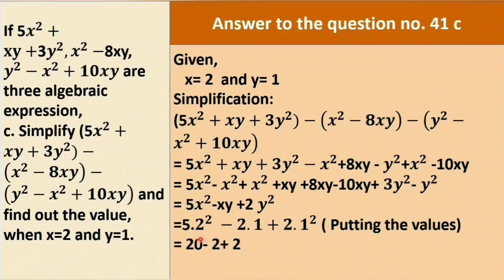So dear students, here it is 20 minus 2 plus 2. If you add 2 with 20, the result is 22. And with 22, if you subtract 2, the result is how much, students? Yes, it is 20. Again, here there is minus 2 and plus 2. If you cancel plus 2 and minus 2, we will be left with 20 only. So our answer is 20.